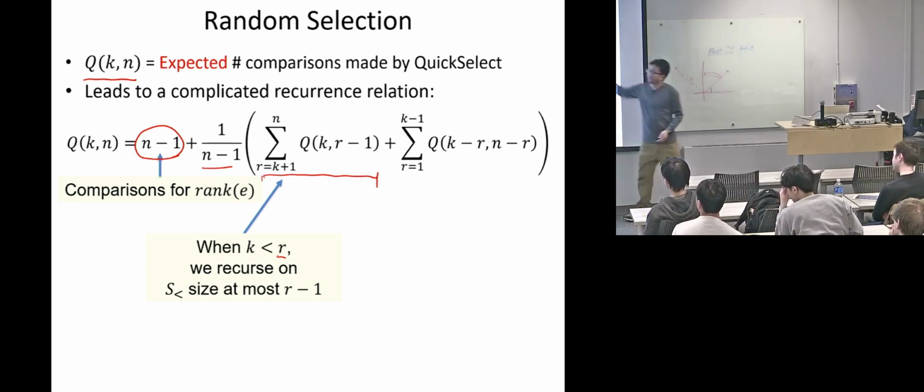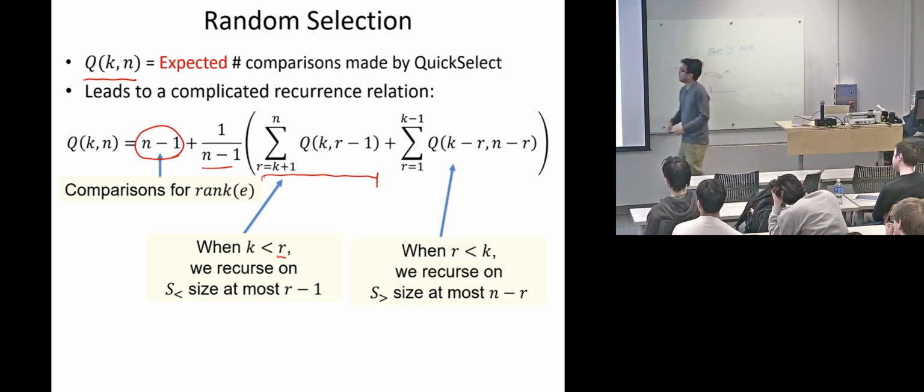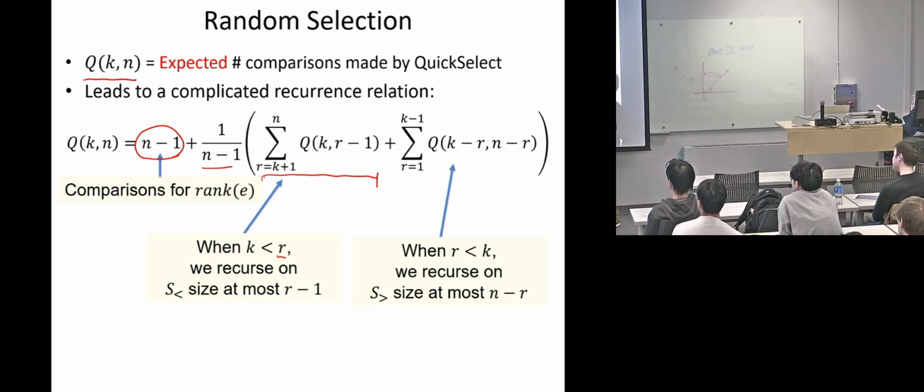And this is the time you need to spend when the rank is more than k. So you just sum them up and average. That's what expectation means: average the time over all the events that can happen, weighted by the probability that each happens.